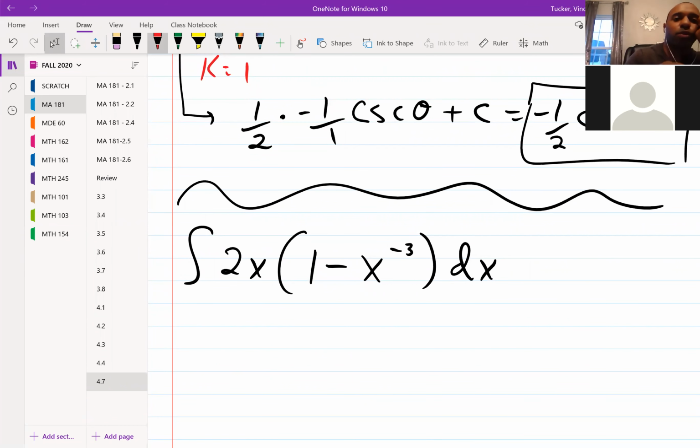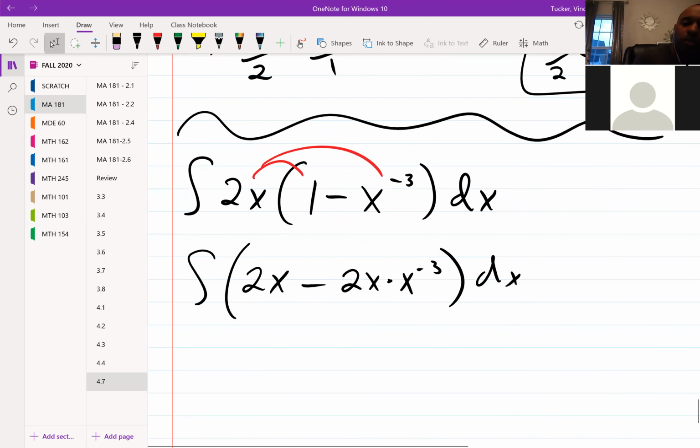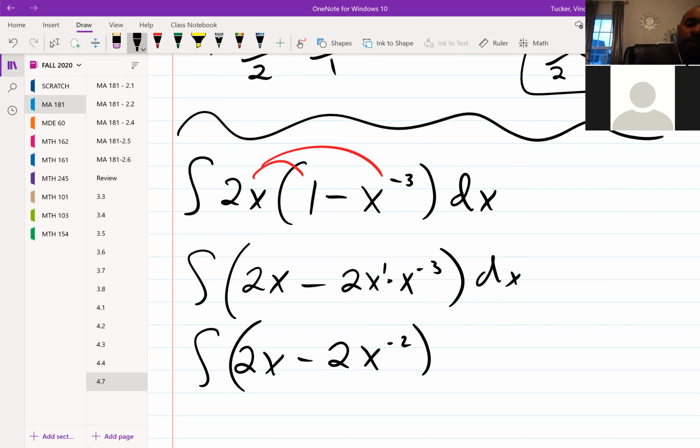So what I would do is distribute, so I can just take the antiderivative of each one of my terms individually. So I'm looking at 2x and then 2x times x to the -3rd. Don't forget, whenever you're multiplying like variables, you're adding your exponents. So that's the one up there. So it's going to be 2x minus 2x to the -2nd power.